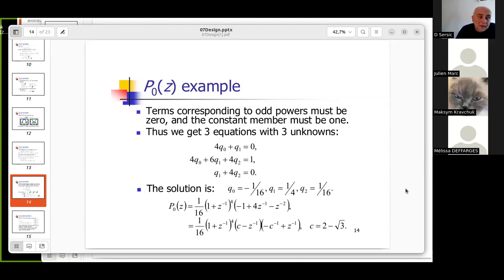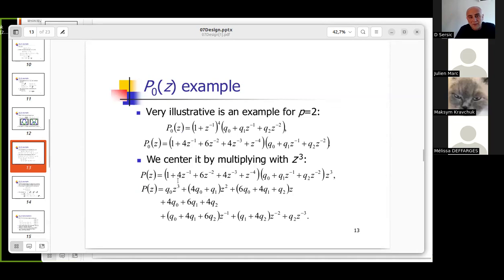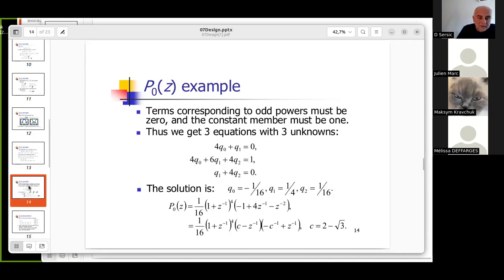There are a lot of symmetries in such a system because you have that binomial, you have that Pascal triangle, and of course if you choose the delay in the middle, everything is symmetric and you will get such a result. So one root is this, and the other root is the reciprocal of the same number.